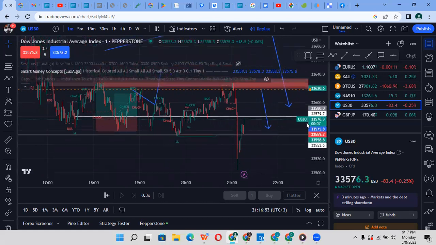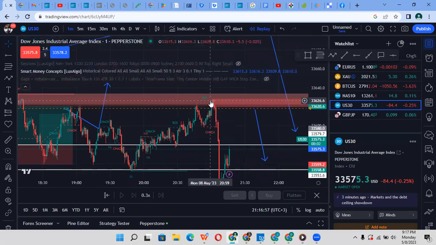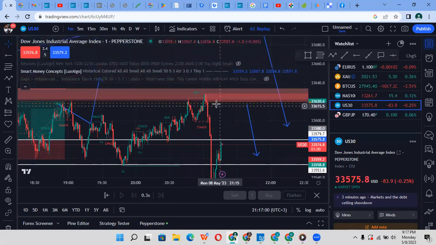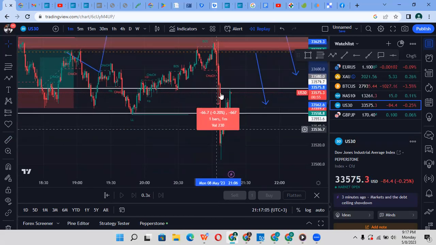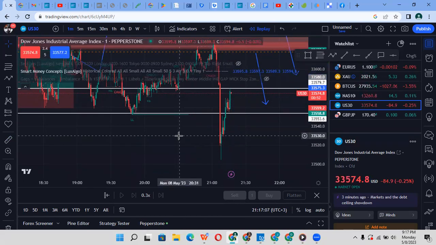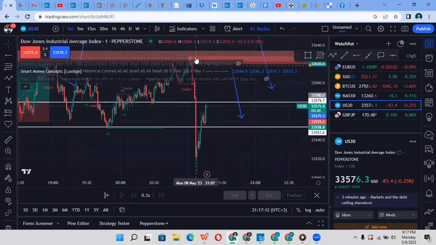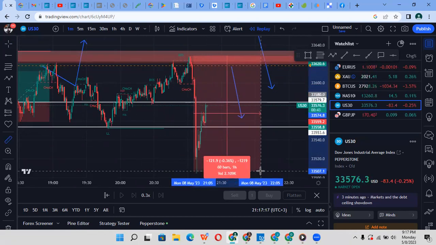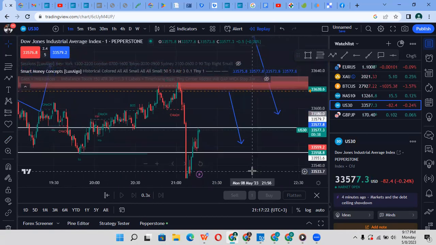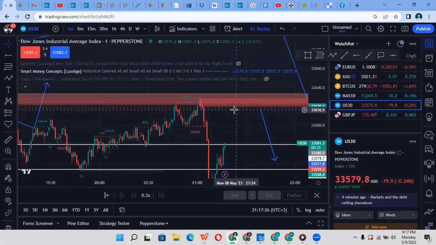So price gives us a break of structure here, gives us a break of structure, and gives us this down move, this selling move here. Around how many pips? Around 125 pips. Okay, so what does that tell you? If price comes here, this is a major level.